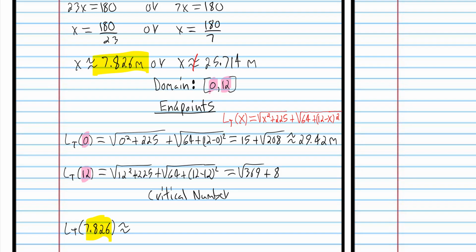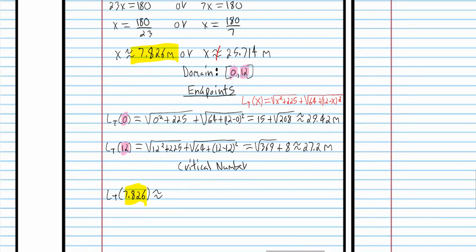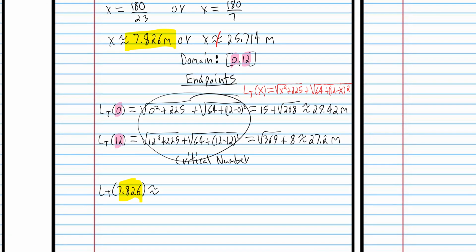So calculating that, we get approximately 27.2 meters. But again, it's a lot easier to just enter the equation into your calculator and then use the blue second button and the calculate trace button on your calculator.